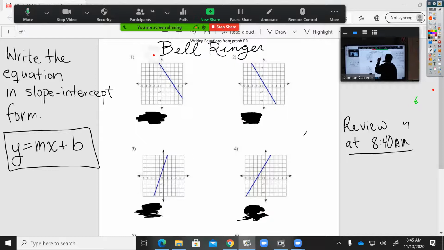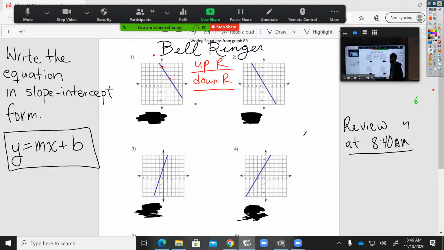First of all, you start from left to right, always. So we're going to go from left to right, marking 2 points. The first point I see is right here, touching the y-axis on positive 4. The next point I see is right here. So now all you have to do is connect your dots by either going up and right or down and right.